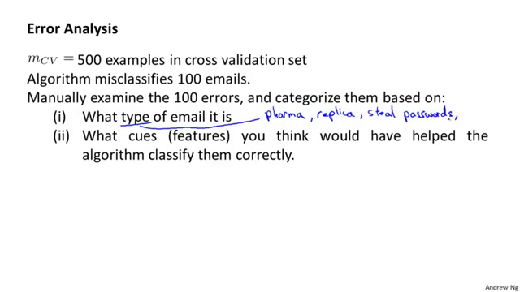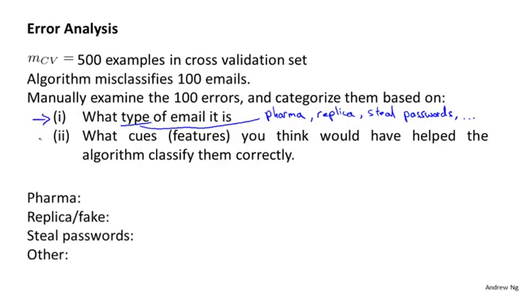These are also called phishing emails, because that's another big category of emails, and maybe other categories. So in terms of classifying what type of email it is, I would actually go through and count up, with my 100 emails, maybe I find that 12 of the mislabeled emails are pharma emails, and maybe 4 of them are emails trying to sell replicas, like fake watches or something.